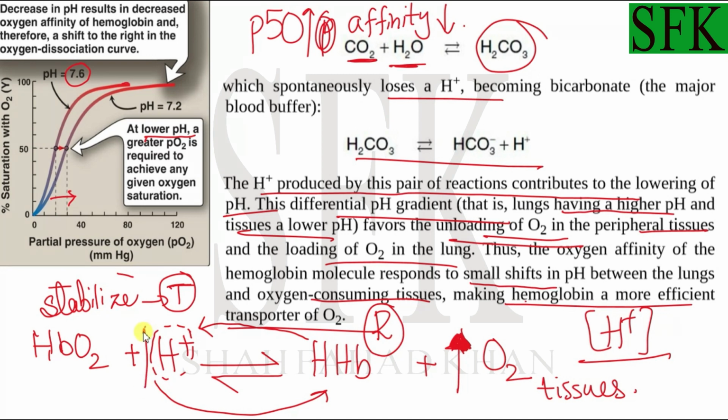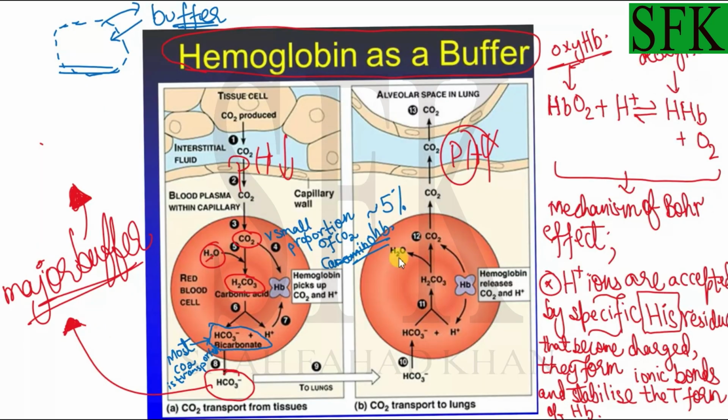If H positive ion concentration increases, then the hemoglobin will accept the H positive ions and shift the equilibrium to the right hand side, removing H positive ions from the solution and trying to maintain the pH. And if the reverse happens, then the equilibrium shifts to the left hand side. So that's why it also acts as a pH buffer.